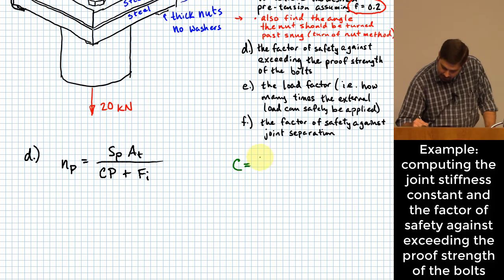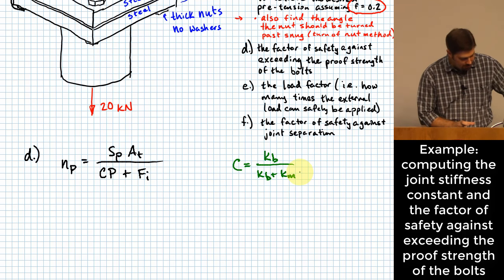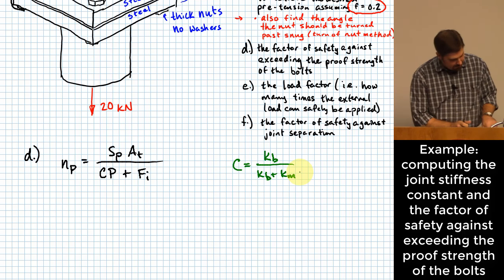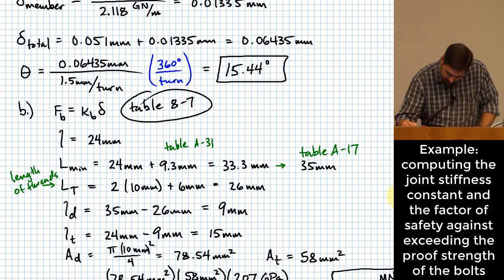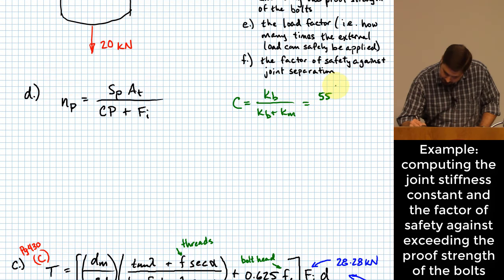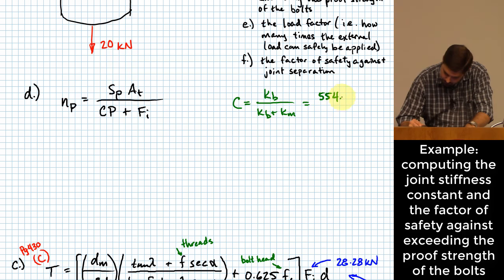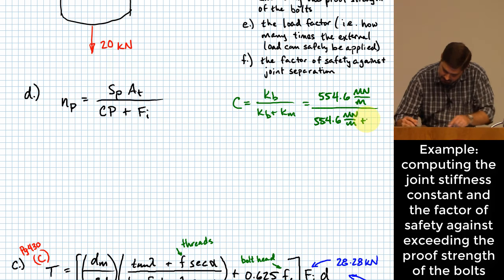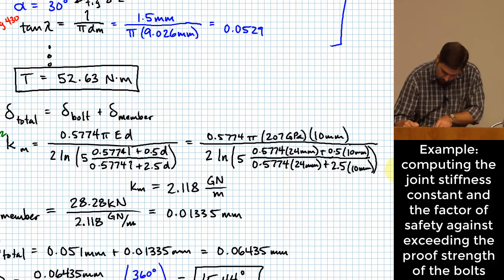Keep in mind, C was calculated with K sub B over K sub B plus K sub M. That was back on page 428, equation F. So this joint stiffness constant can be found with that K sub B way down here, 554.6 meganewtons per meter, over 554.6 meganewtons per meter, plus 2.118 giganewtons per meter.